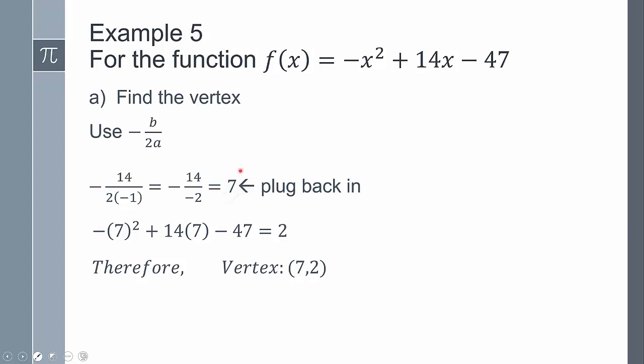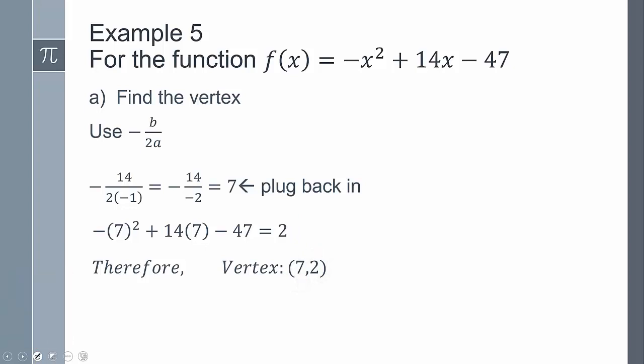So this is the x value of my vertex. Now if I plug it back in, you get negative 7 squared plus 14 times 7 minus 47. I just entered that in my calculator, and that gave me 2, so therefore my vertex is 7, 2.